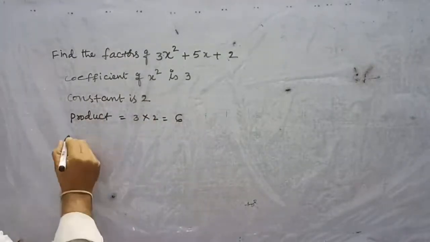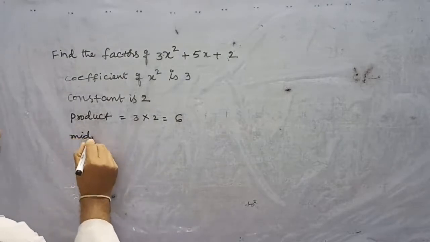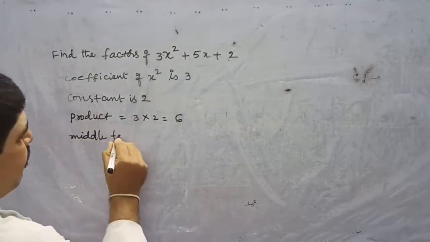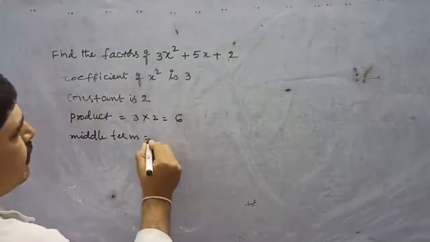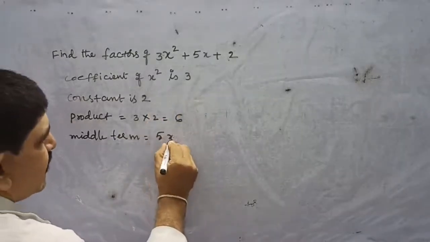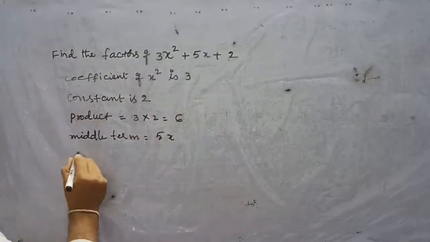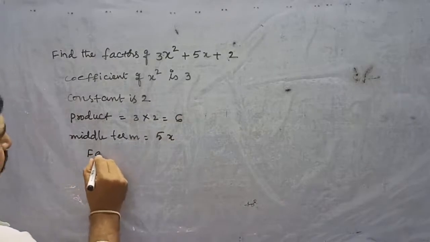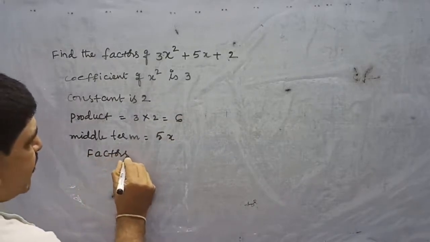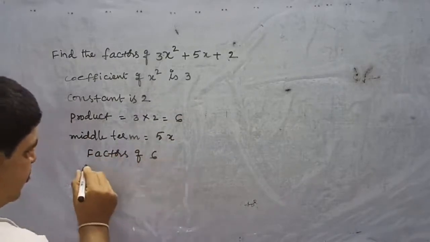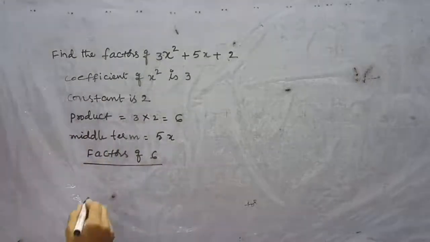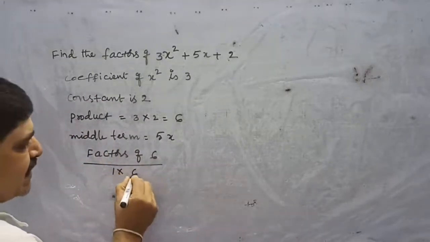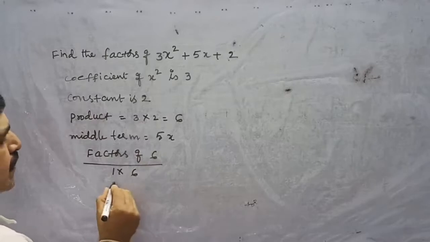Next step, the middle term. What is the middle term? 5x. Next, write the factors of 6. What are the factors of 6? 1 into 6, 2 into 3.